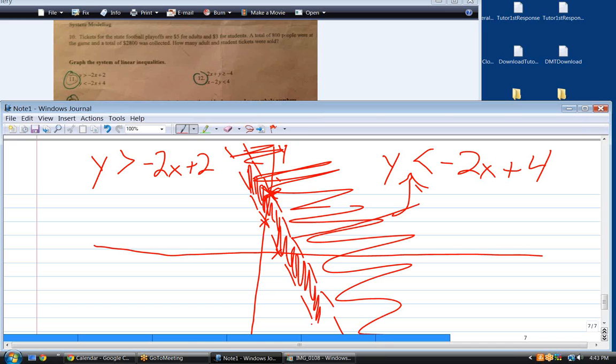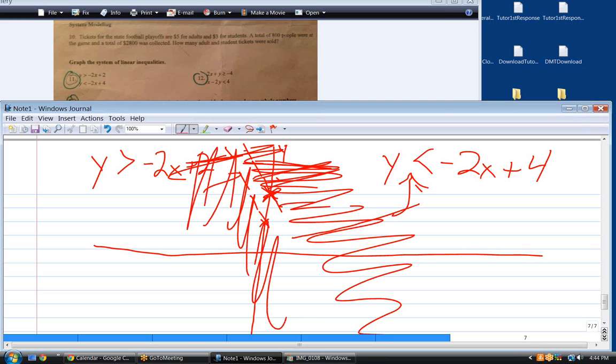And that area right there is the only area that is in common between my two shadings. In other words, my first shading, which went like this, and my second shading, which went like this, overlaps in that narrow strip.